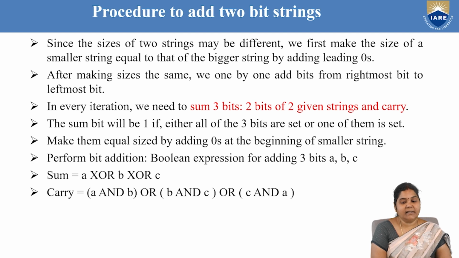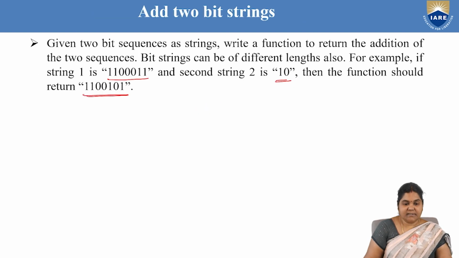So first make the size of the smaller string equal to the size of the bigger string by adding some leading zeros. Here you can see that the first string is 7 bits long, the second string is only 2 bits long. So you add 5 leading zeros to the second string so that both strings will now be 7 bits.